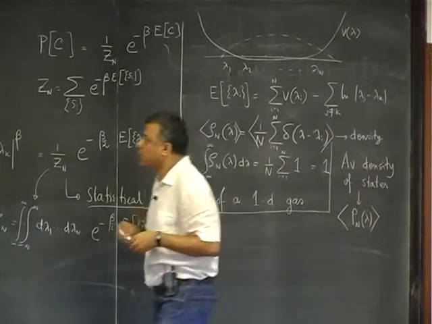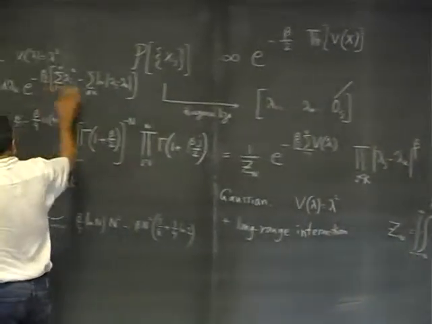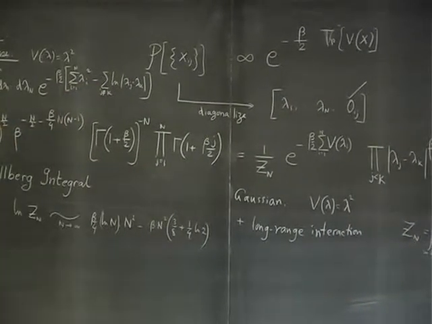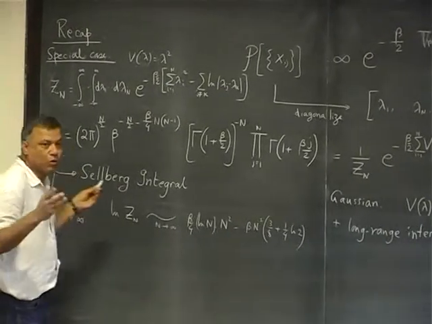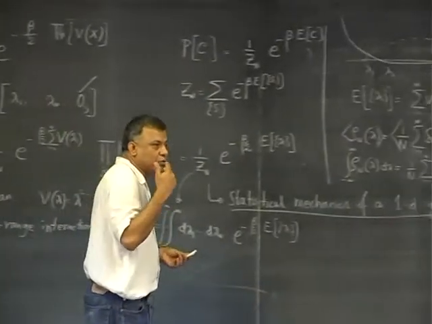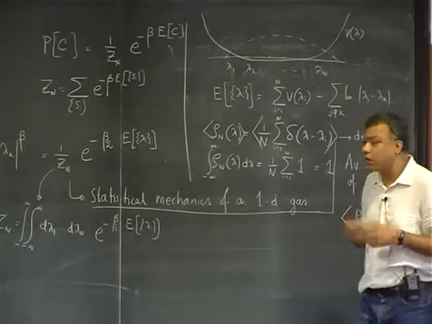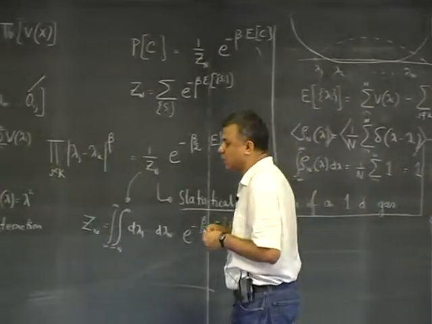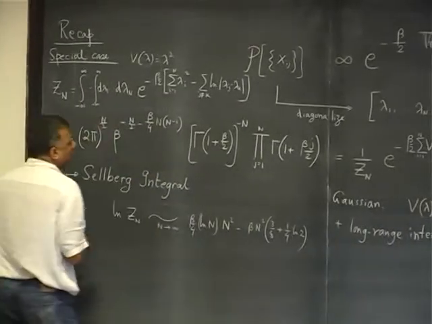The idea is to set up a field theory for this problem. You have a 1D long-range system with n particles, and what I want to do is set up a field theory for this. You will see that this field theory in the large n limit will give an answer automatically, very nicely, and that's the plan.